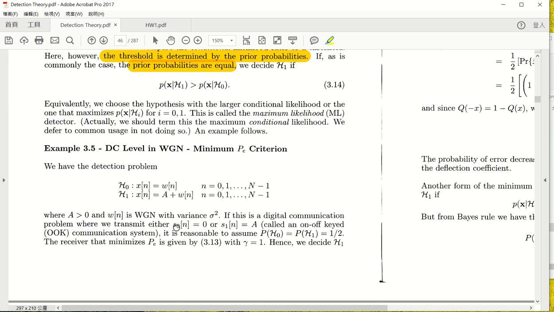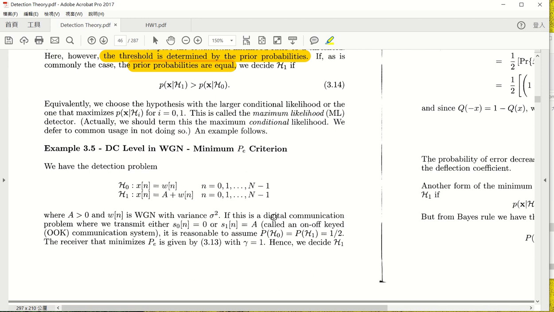It could be other types of problem. If you say image processing problem, or power system problem, you are detecting whether or not the power system has an error. It could be modeled like this. You're talking about a control problem. It could be modeled like this. So there are many different types of problems that can be modeled like this.